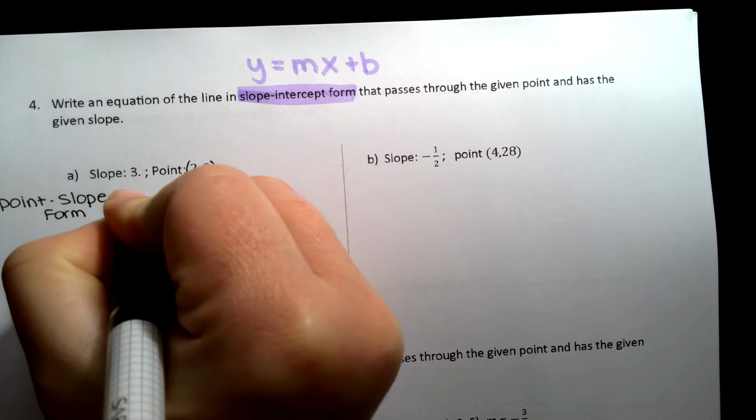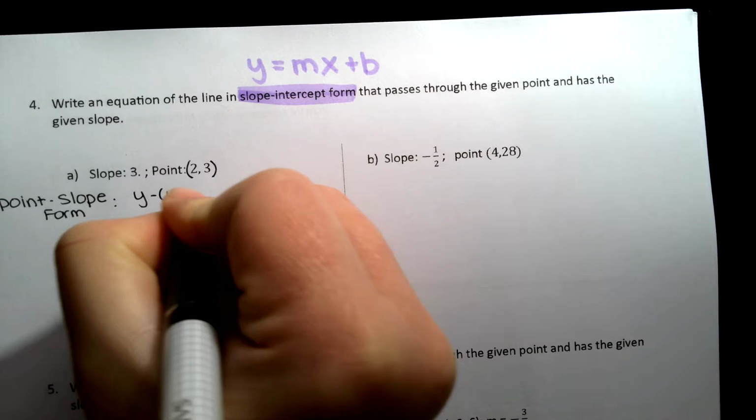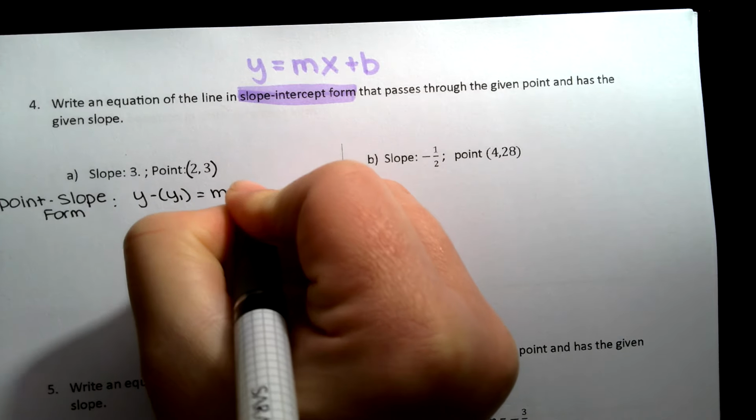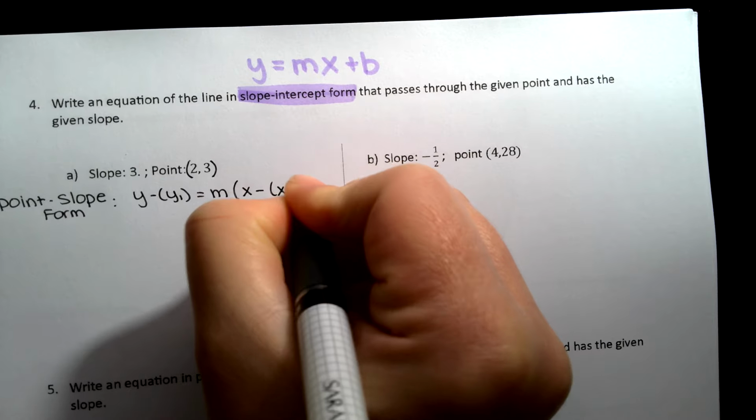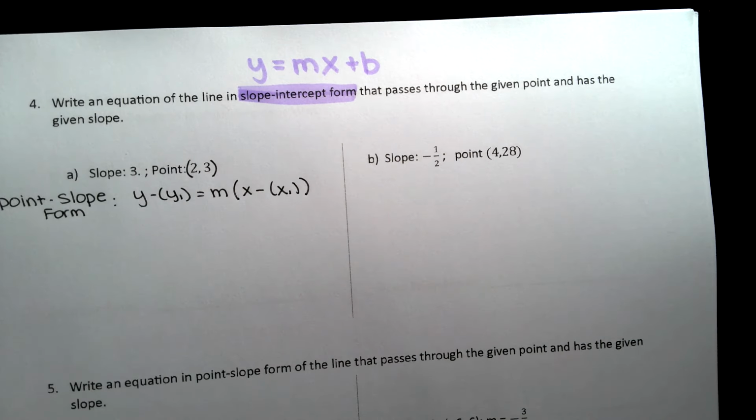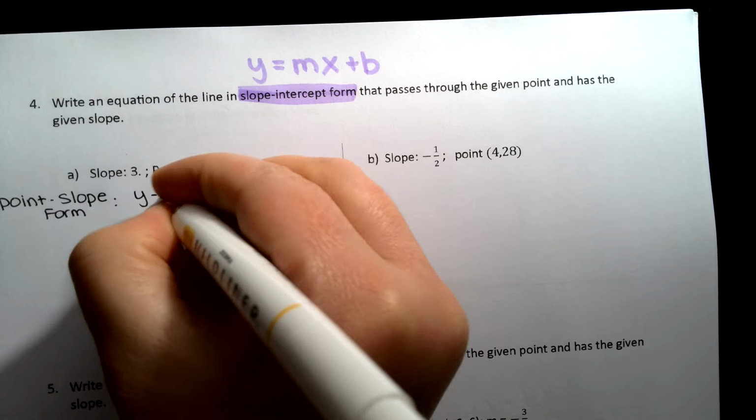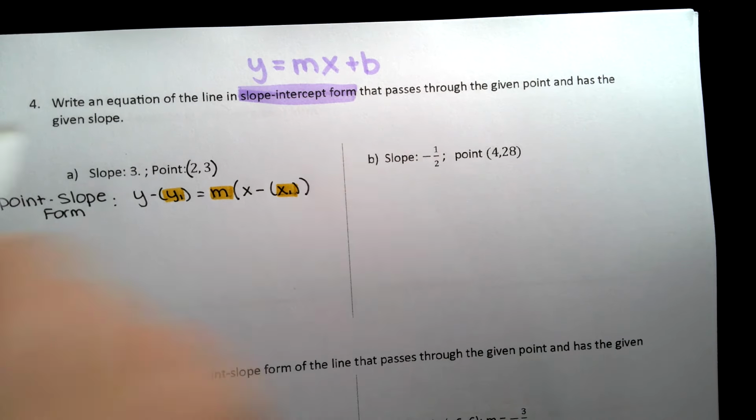And that was the y minus y1 equals m x minus x1 format. Again, we are going to change 3 things here. We're going to change our y1, our m, and our x1.